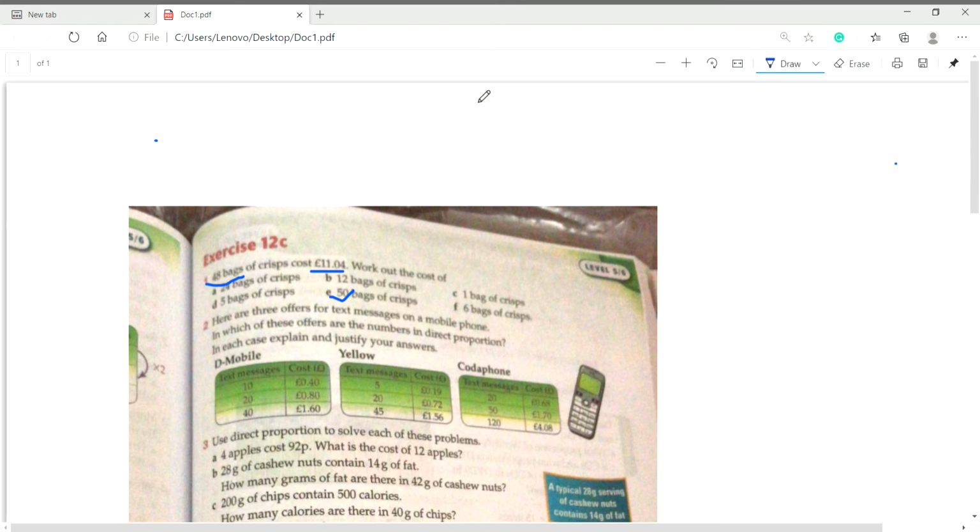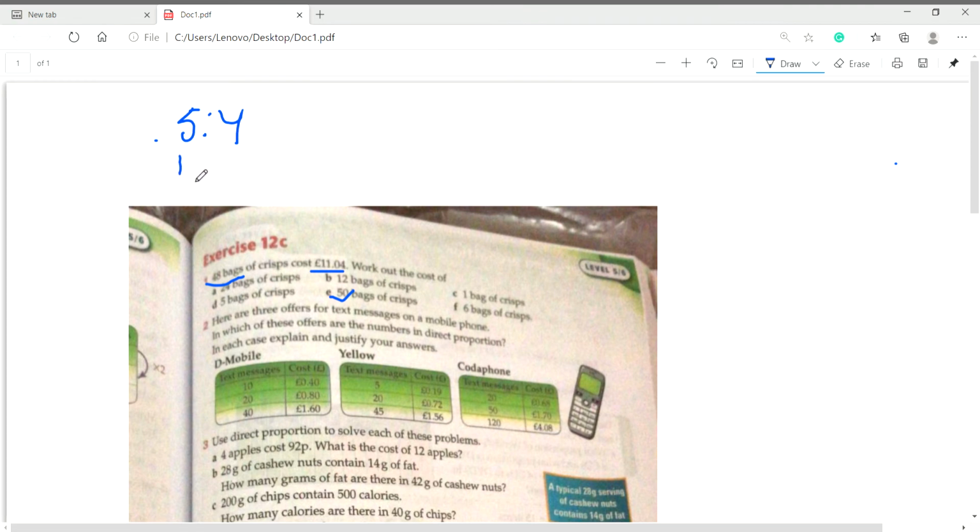Some ratios are directly proportional and others are inversely proportional. For example, the ratio of boys to girls in a classroom is, let's say, 5:4. That means if there are 5 boys, there will be 4 girls.